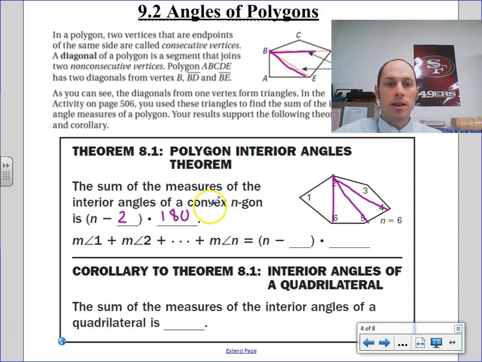That'll give me the sum of the angles. So measure of angle 1 plus measure of angle 2, all the way up to measure of angle n, is equal to n minus 2 times 180. That'll give me the sum no matter what size figure it is. And a quadrilateral, we saw, has 360 degrees because I can come up with 2 triangles within that figure.